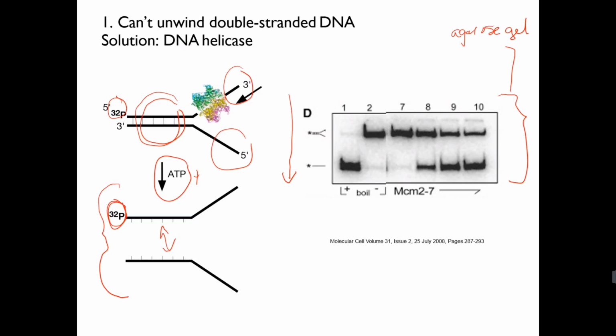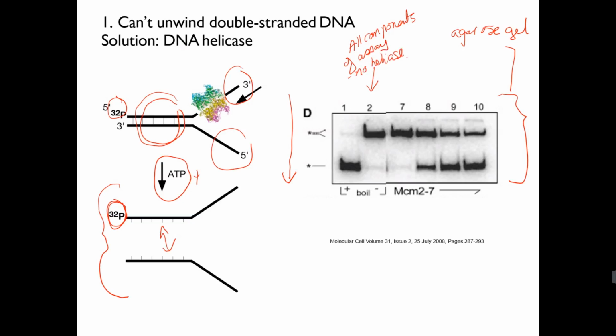So what is the negative control? Think about it for a minute. So really, the negative control would be all of the components of the assay minus the helicase, so no helicase.